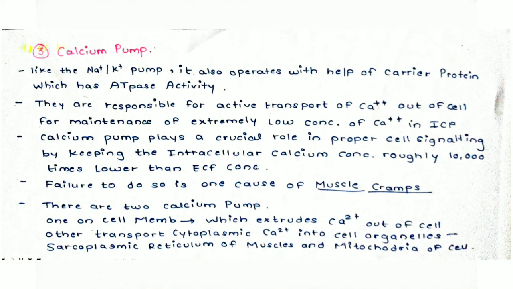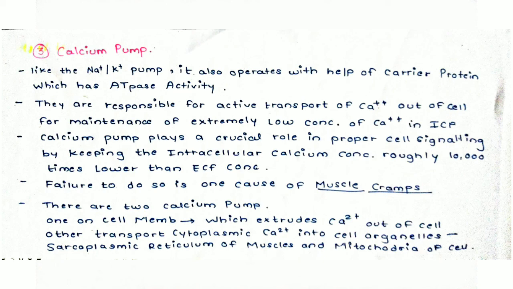They are responsible for active transport of calcium outside the cell for maintenance of an extremely low concentration of calcium in the ECF. The calcium pump plays a crucial role in proper cell signaling by keeping the intracellular calcium concentration roughly 10,000 times lower than the ECF concentration.